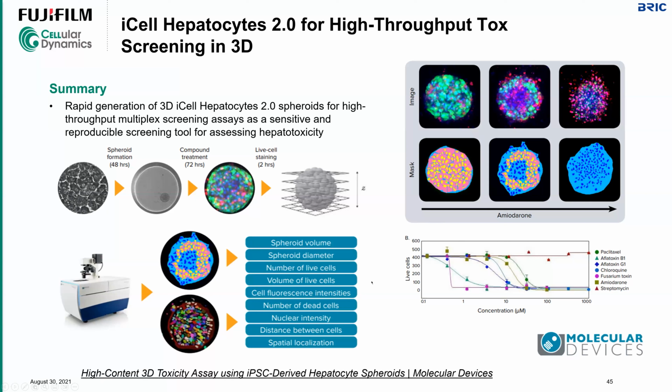You can, in a very cost efficient way, screen your compounds in thousands and thousands. And we have plenty of information on that as well, that I wish I could show you, for disease modeling as well, focusing on NAFLD.